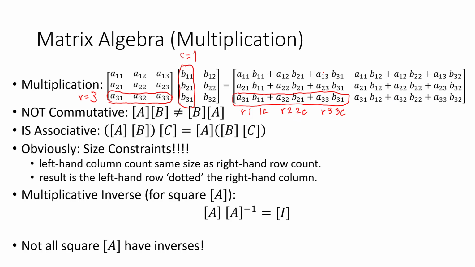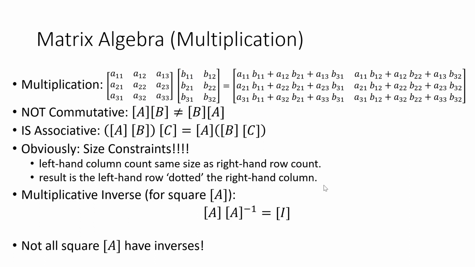It basically says that the number of columns on the left has to be the same as the right-hand row count. You're indexing through those multiplications, and then you sum them all together, and that's your end result. So that's kind of how it works. You have these constraints to think of, and that's how matrix multiplication works.